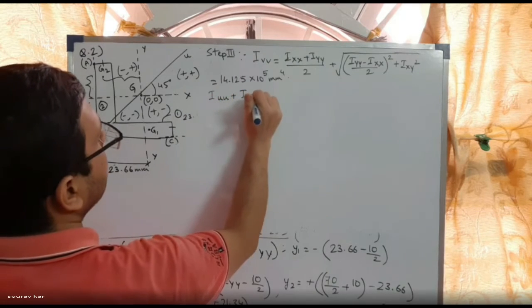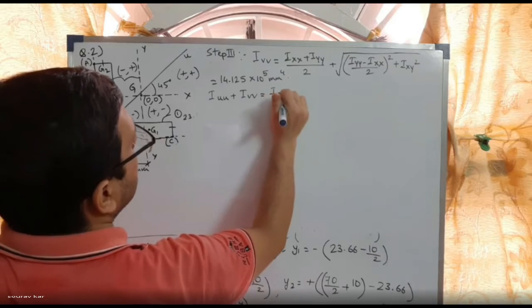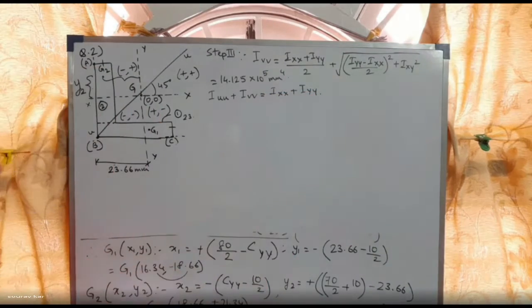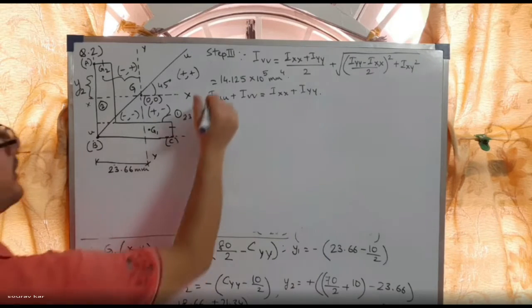After finding out this one principal axis, you can find out using this trick. IUU plus IVV is equal to IXX plus IYY. Simple. So from here you can find out IUU.